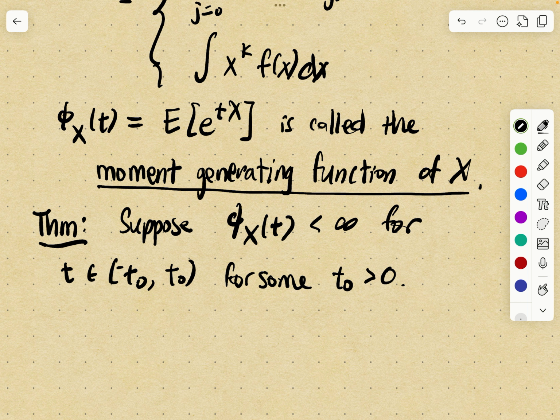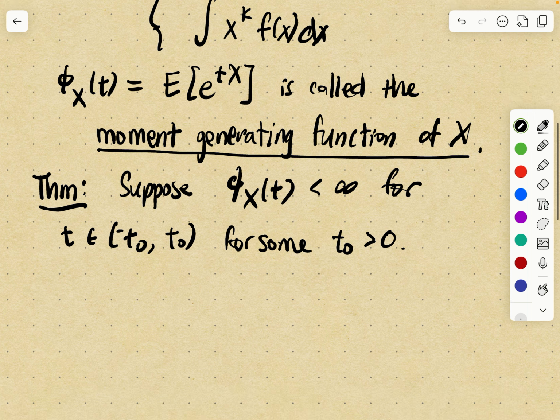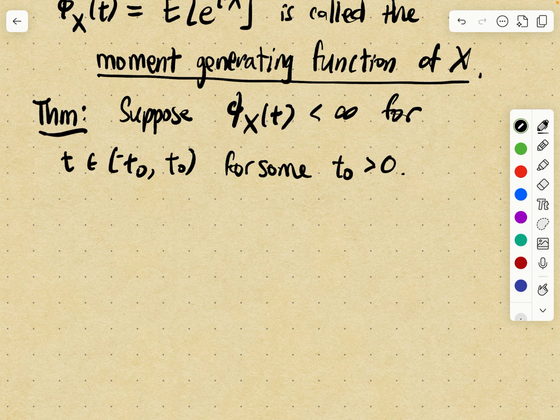In other words, suppose that the moment generating function is finite on some open interval containing 0, right? That's what this is saying.